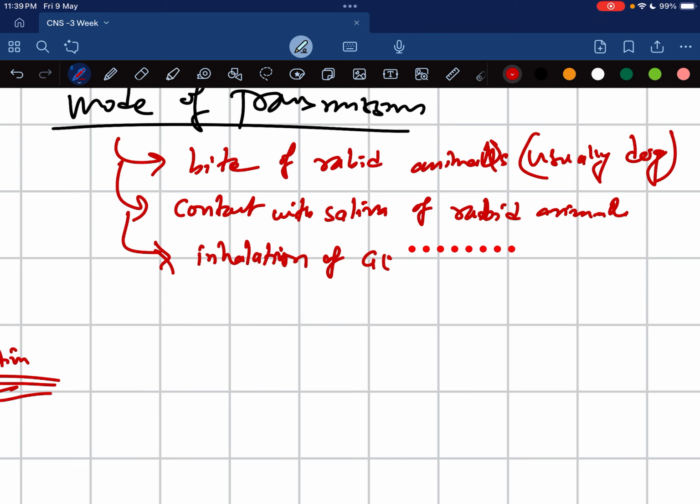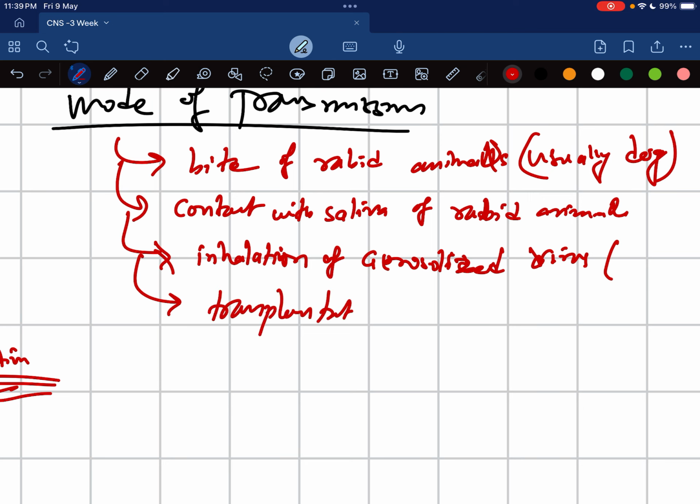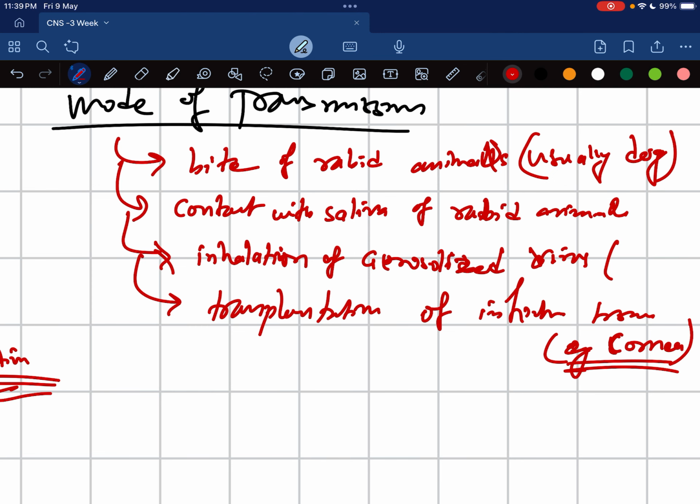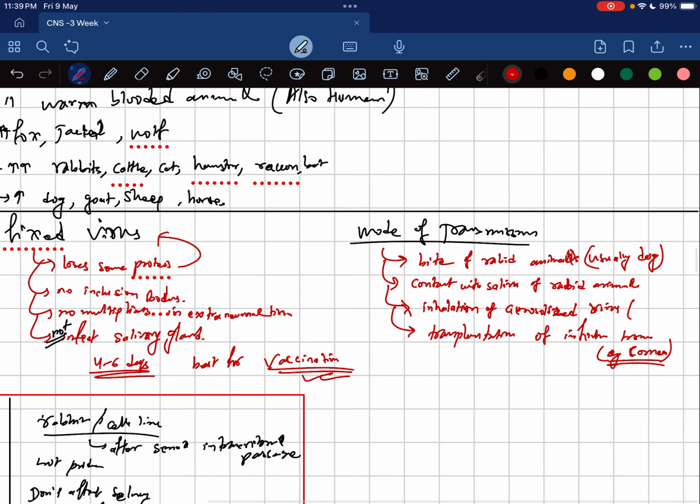Or there is transplantation of infected tissue, for example corneal transplantation. These are some methods of transmission.